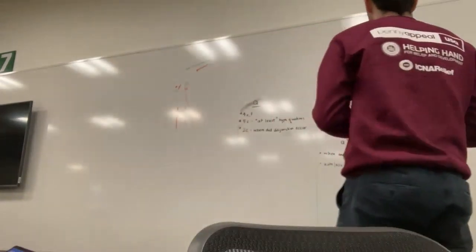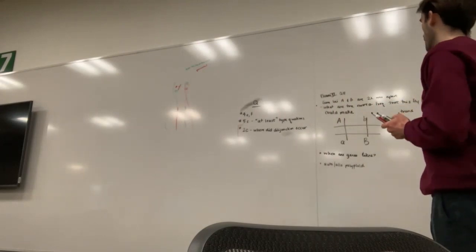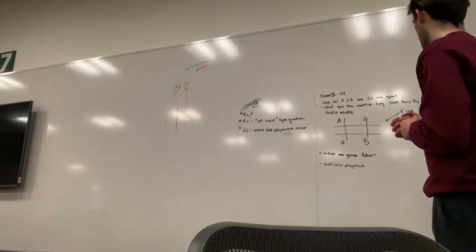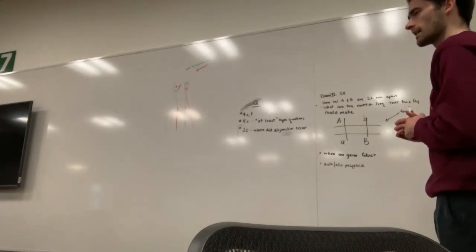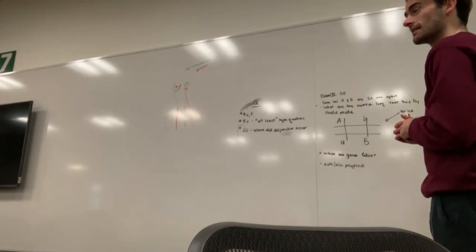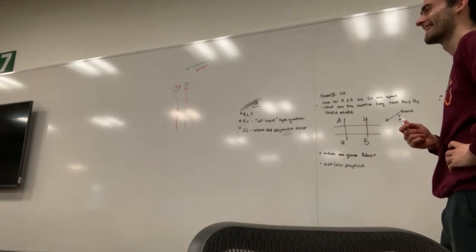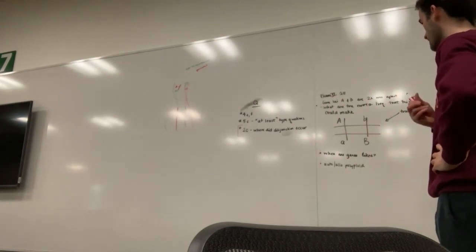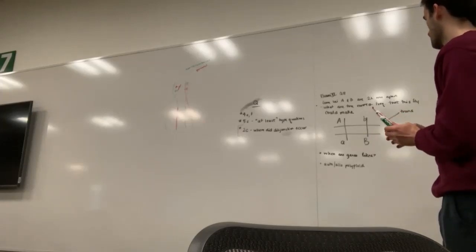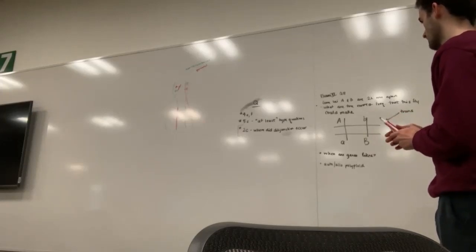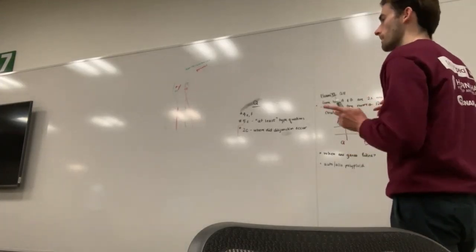Let's hit this. Gene loci A and B are 22 map units apart. What are the correct frequencies that this fly could make? That was on exam 2. If they're 22 map units apart, what does that tell us? That means you have 22% recombination.